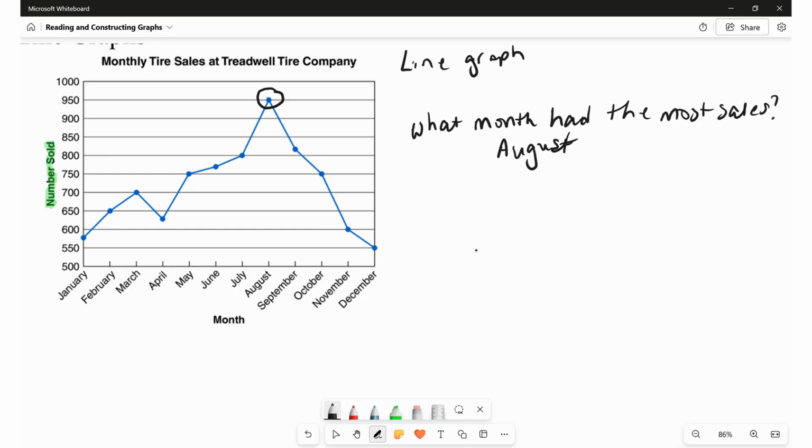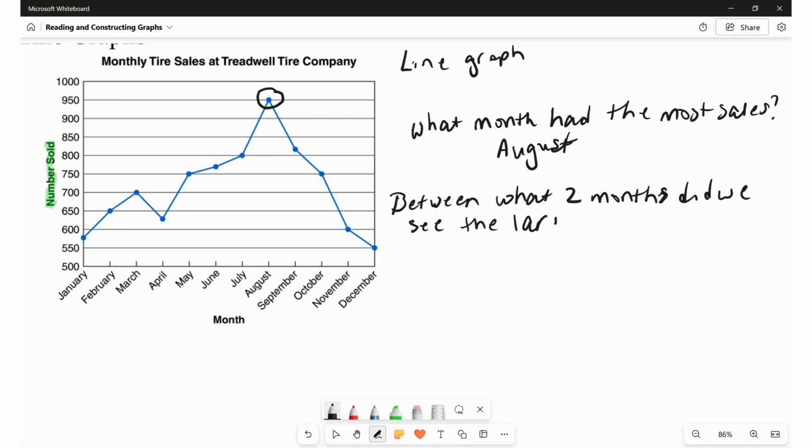We could also say, let's say between what 2 months did we see the largest increase in sales?